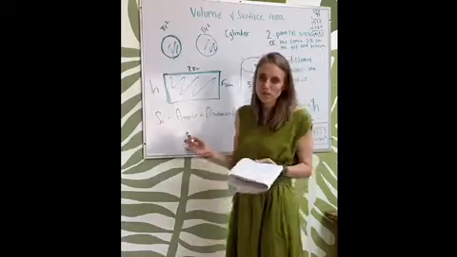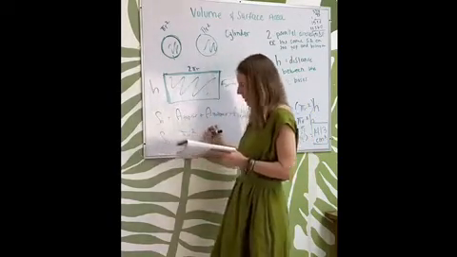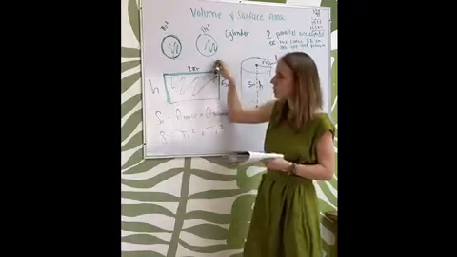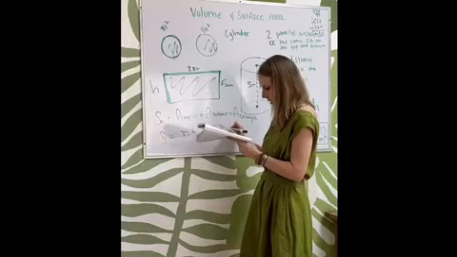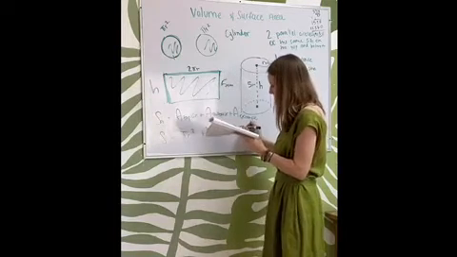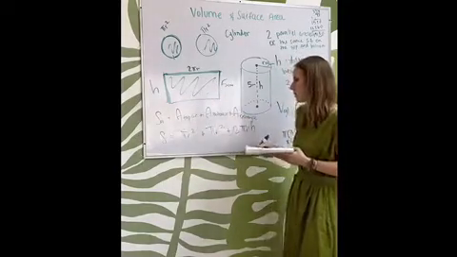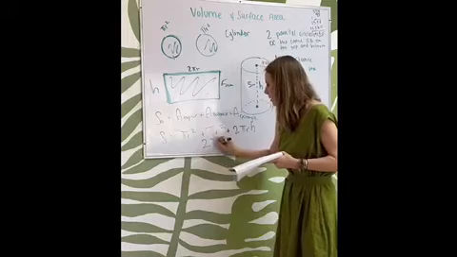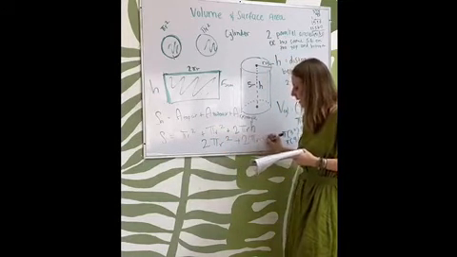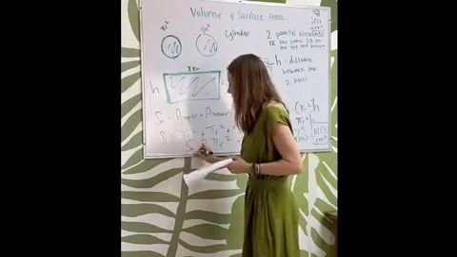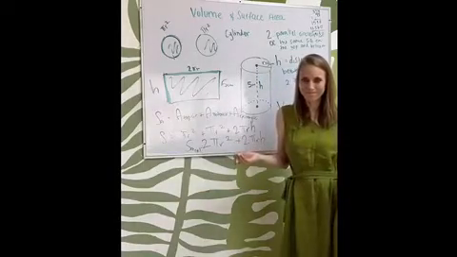Okay, so in order to do that, that is pi r squared plus pi r squared for those two circles and their area, plus 2 pi r times the height, right? 2 pi r times the height. So that turns into 2 pi r squared plus 2 pi r times the height. So that is the surface area of a cylinder. Cool?